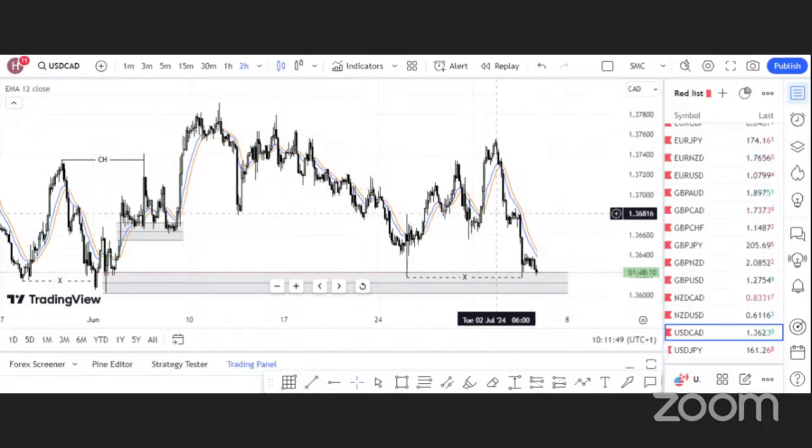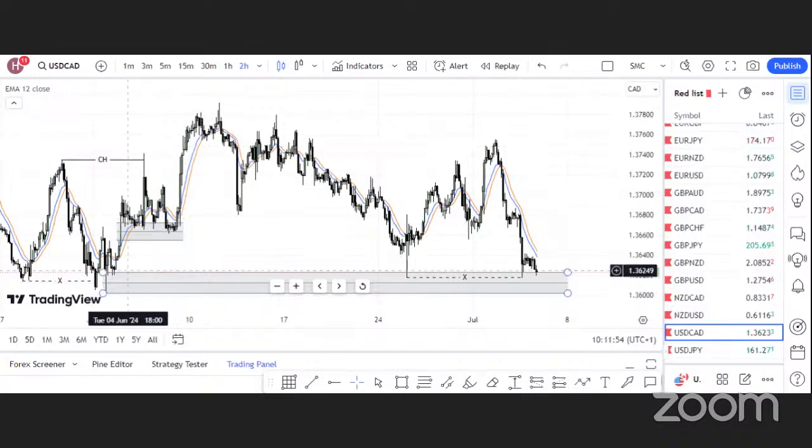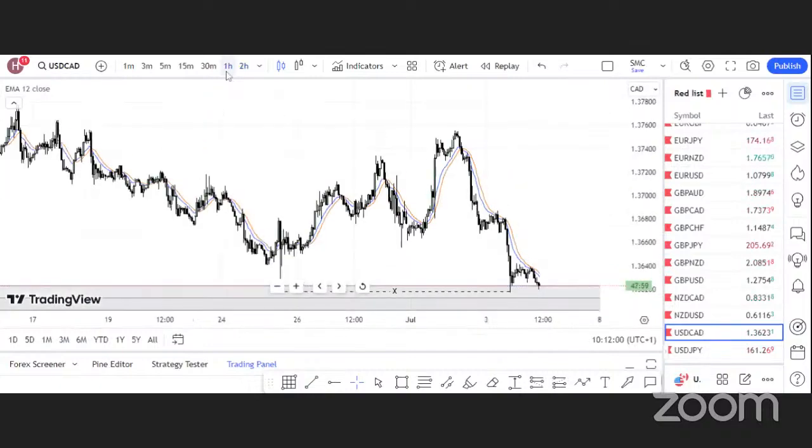So when the market takes out the liquidity, I expect it to dive deep into the 50% of the order block and then make a retracement back.